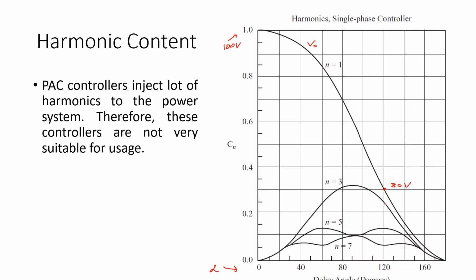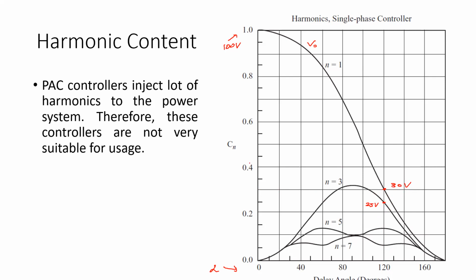But if you check the third harmonic voltage, it will also be somewhere around 25 volts. This is very bad, because your fundamental is 30 volts and your third harmonic is 25 volts. So the harmonic content is very high, and we don't like this.